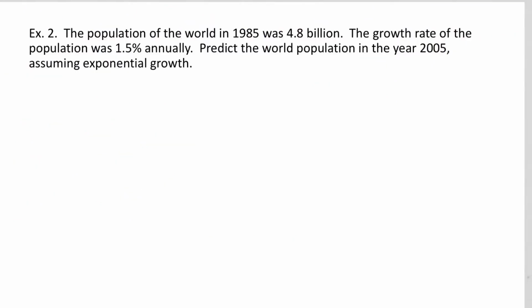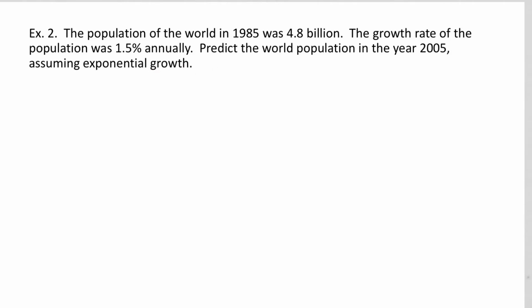Our next example says the population of the world in 1985 was 4.8 billion. The growth rate of the population was 1.5% annually. Predict the world population in the year 2005, assuming exponential growth.